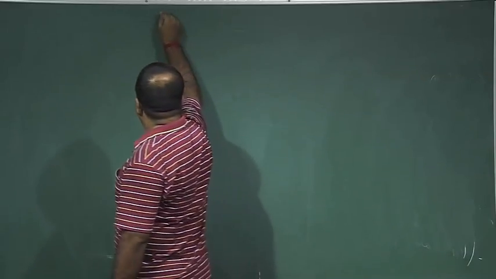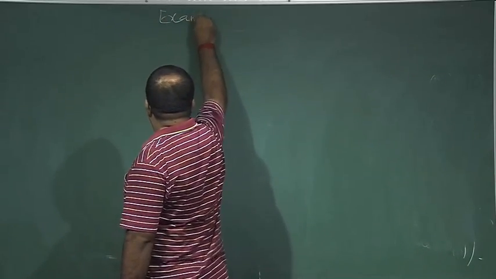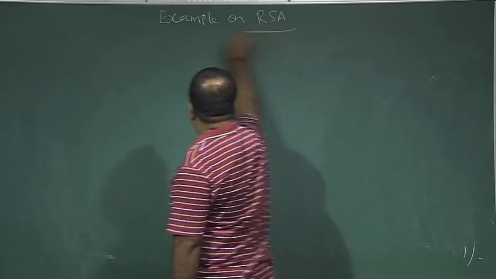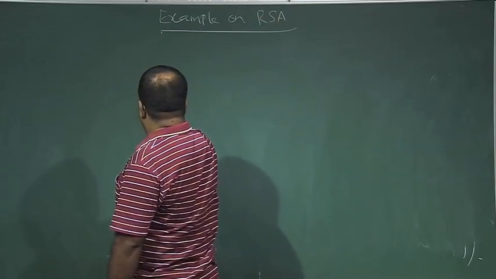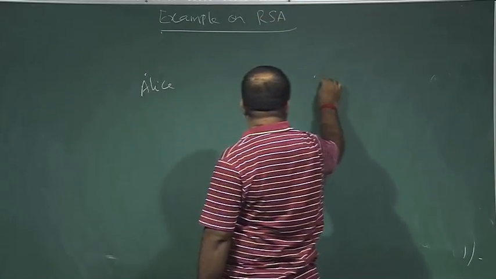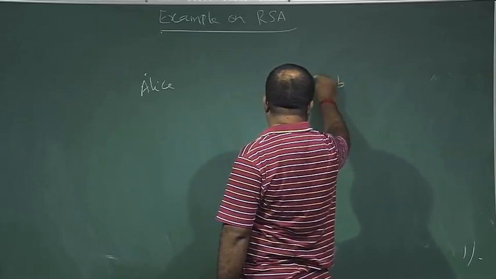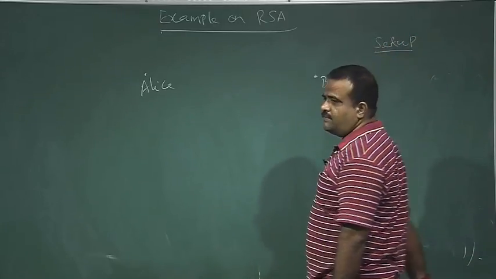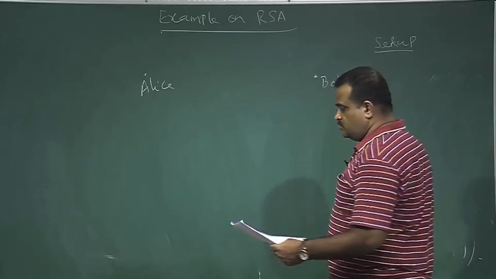Example on RSA: same thing, Alice wants to send a message to Bob. So Bob has to run this RSA setup.